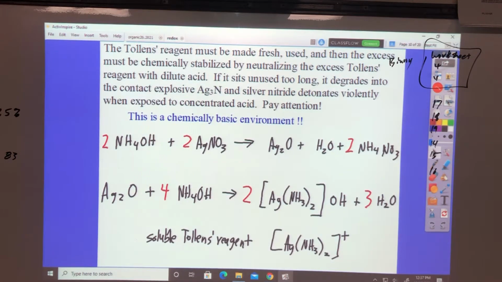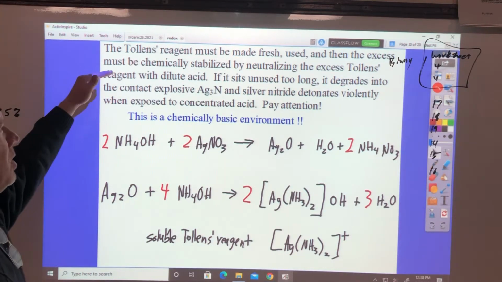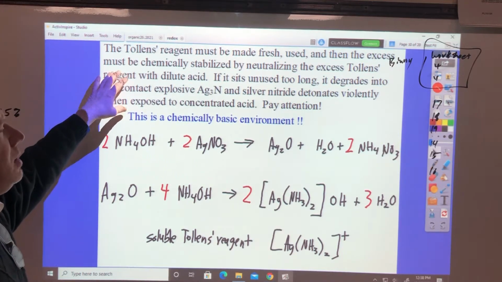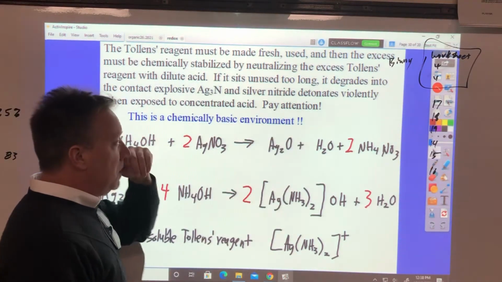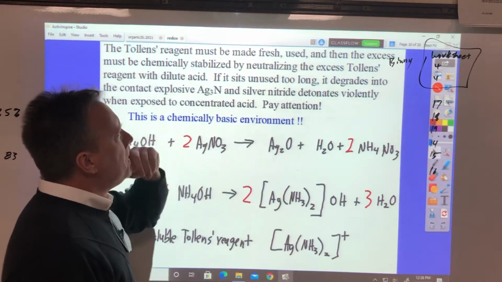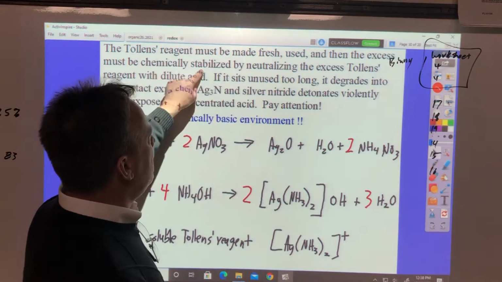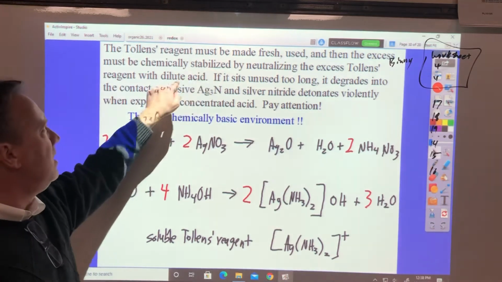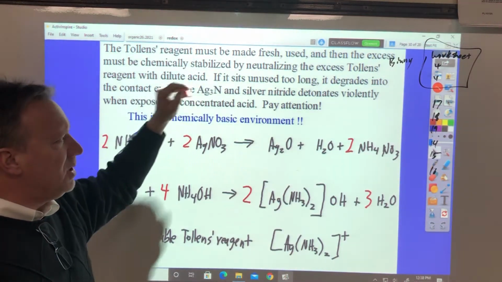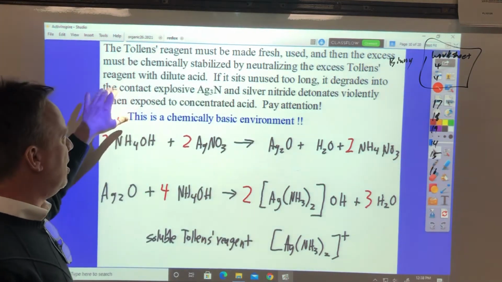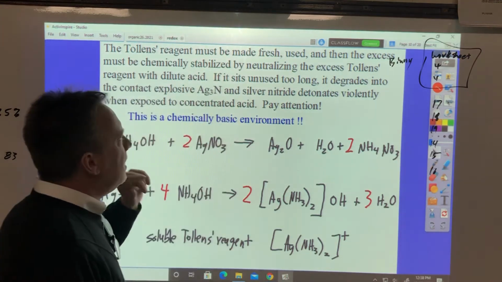Tollens' reagent must be made fresh, it's used, and then the excess must be chemically stabilized. This happens in a basic environment, the reaction we're going to do with the Tollens' reagent. So when you're done, you have to dilute that solution and neutralize it with dilute acid. Because if you leave it sit around for more than a few minutes, it will degrade into silver nitride, which is a contact detonator.